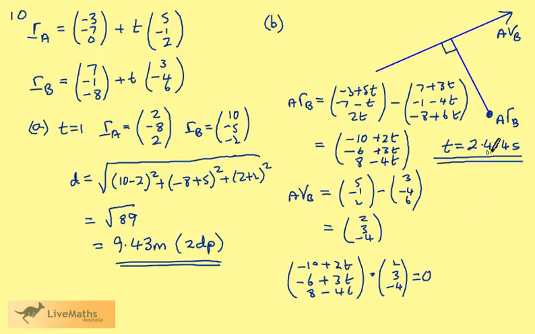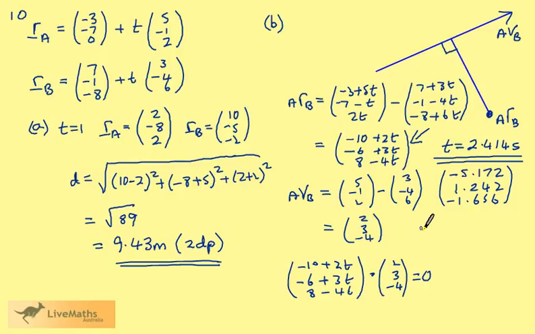Then, if we substitute that back into the relative position vector, we'll find that their relative position is (-5.172, 1.242, -1.656).